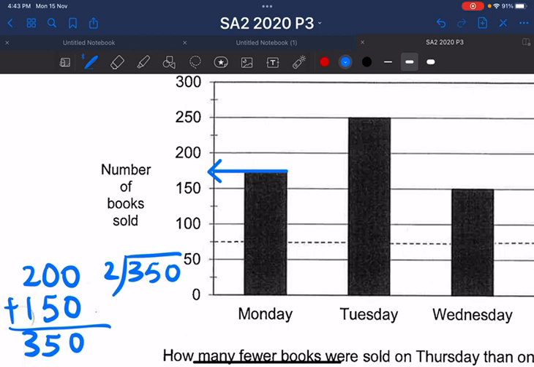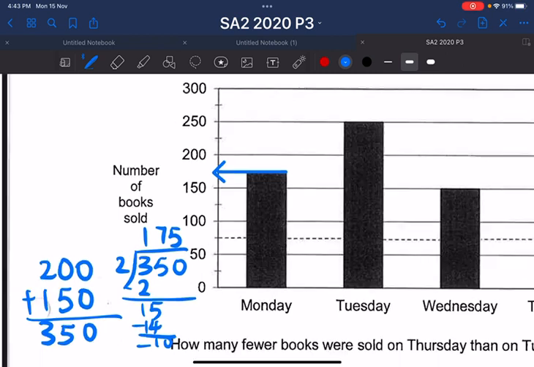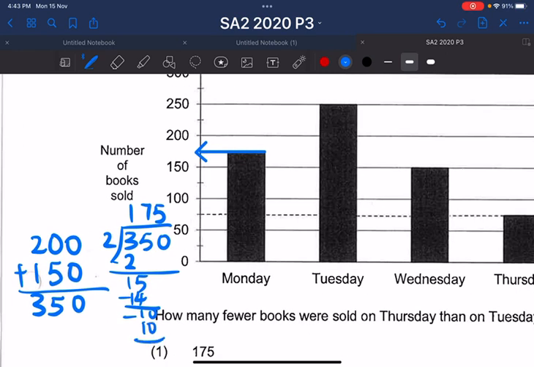Okay, so I repeat the step again. You take the upper number and the lower number, you add them up, and then you halve it because you want a center, right? You divide it by 2. Once you have the number, that number will be the number in between. So I do a very quick division, and I found out that it is 175.